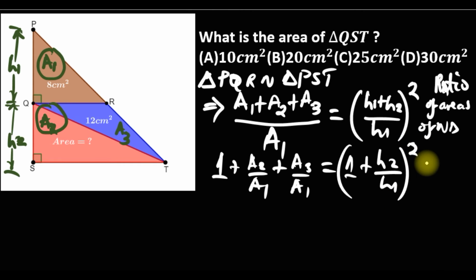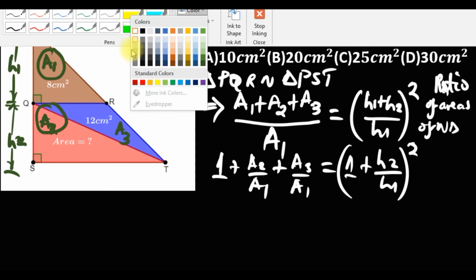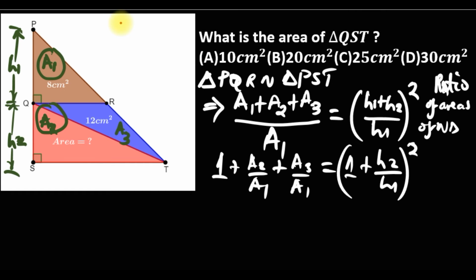Again, if you're asked to find the ratio of areas of 2 triangles with the same base, it is the same as the ratio of their heights. Let me zoom in. Area is half base times height, and since they have the same base, here it is also half A times H2.